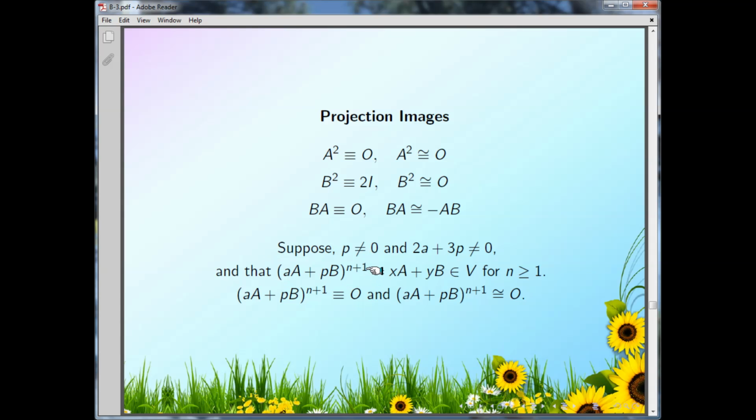If you raise to the n plus 4th power, because of this rule, it's all about raising to a higher power. So it is the same as showing this I component is 0 and AB component is 0. Then you're left with these two bases. So this line is equivalent to this hypothetical condition right here.